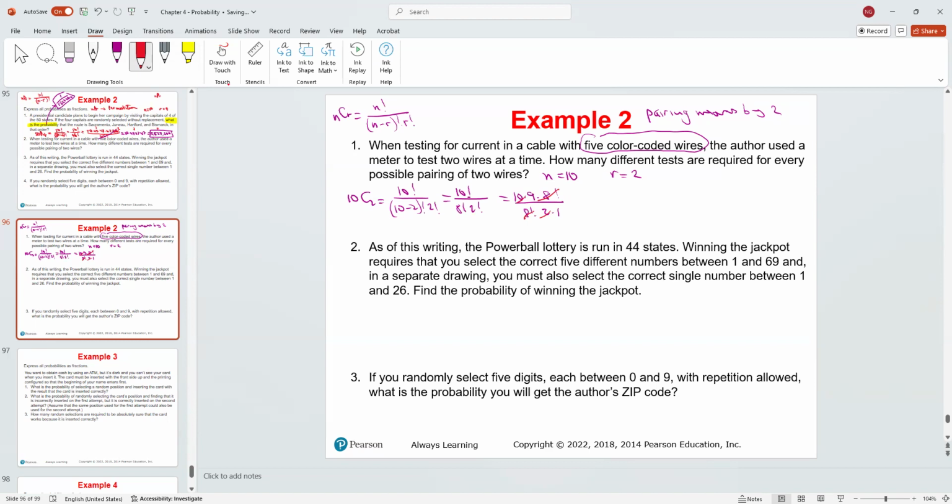Is that correct? That should be 5 times 9 is 40, right?